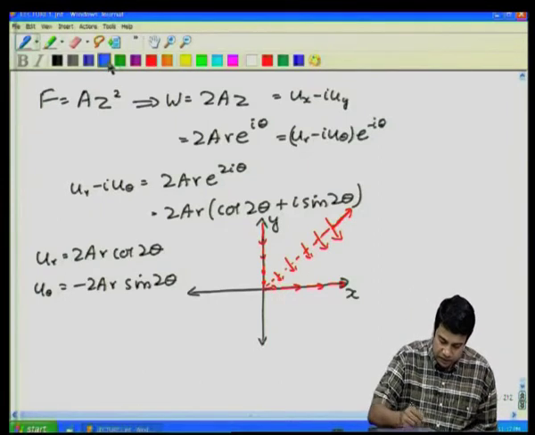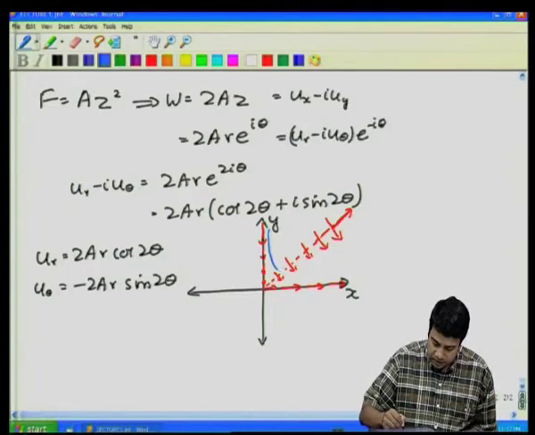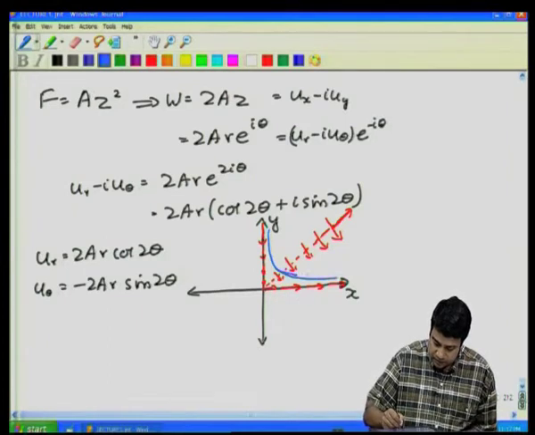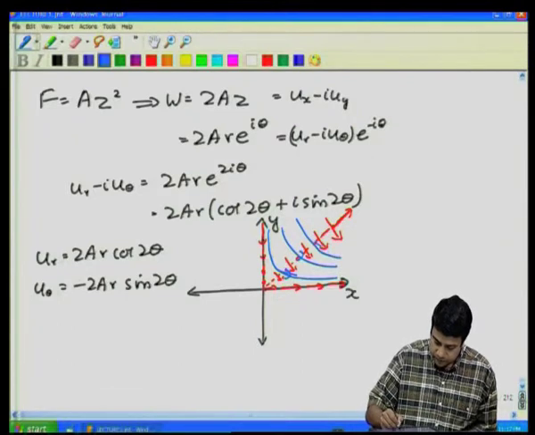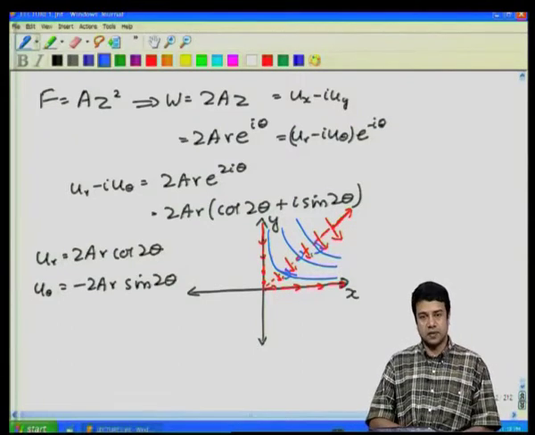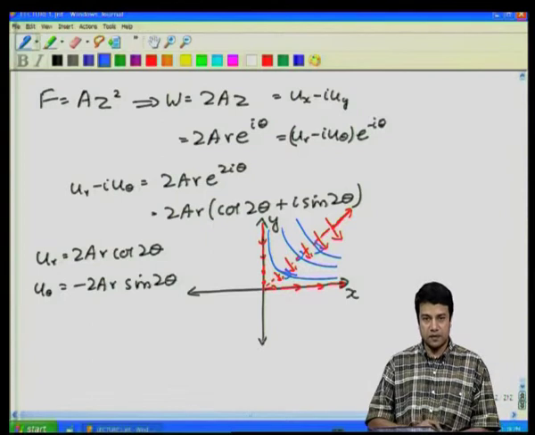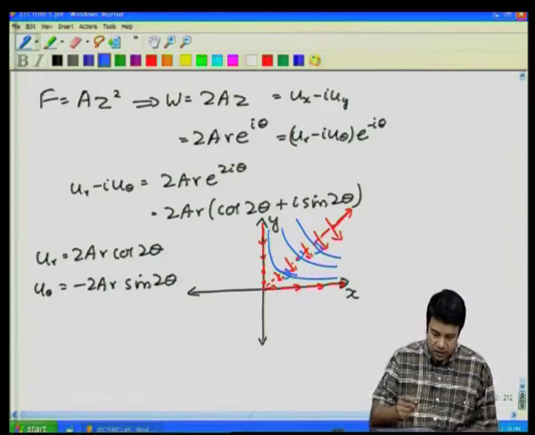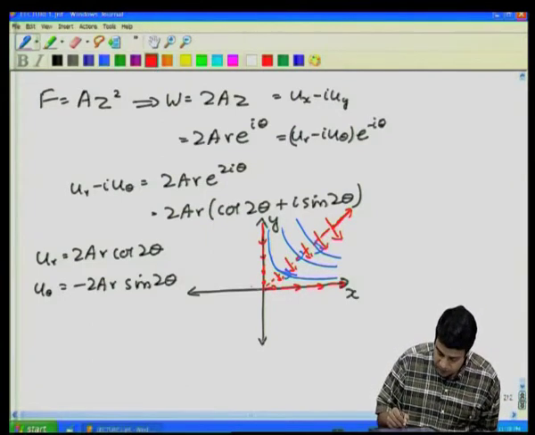And if you plot the velocity at various intermediate points, you will get a velocity field that looks something like this. So, this is only in the first quadrant. You could of course plot it for other quadrants, and I will leave it as an exercise. It is quite simple to do.